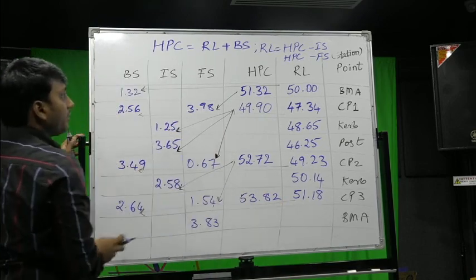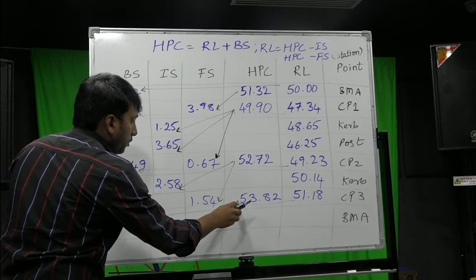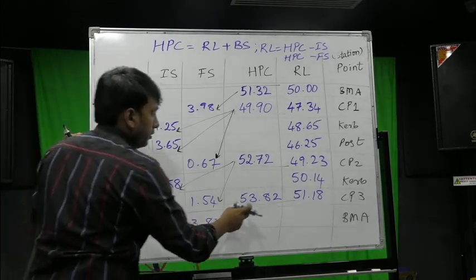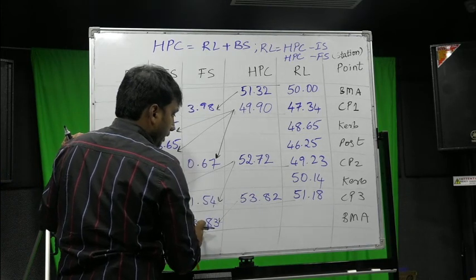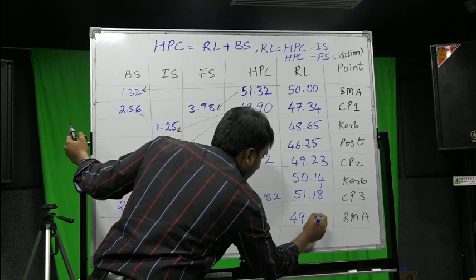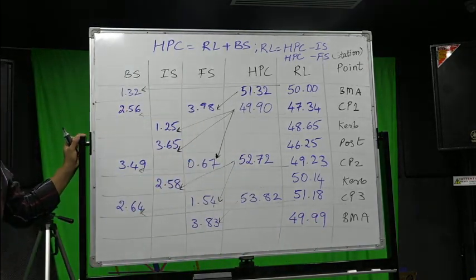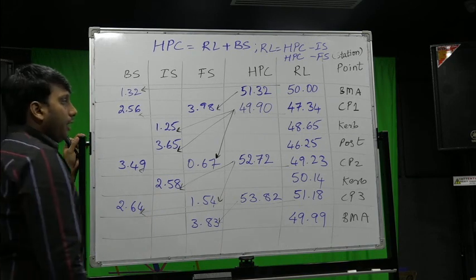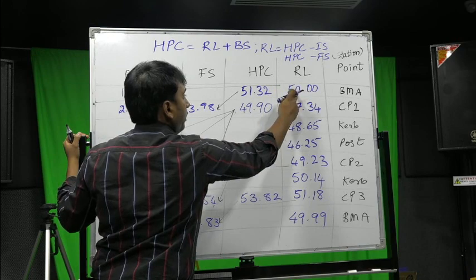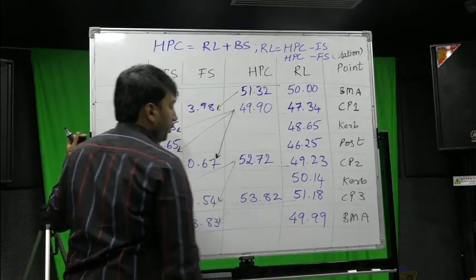Once you know the height of plane collimation, then height of plane collimation minus foresight: 53.82 minus 3.83, it is 49.99. So this is the final benchmark at A. You can see when you started, the RL at benchmark A was 50. Once you ended, it is 49.99.